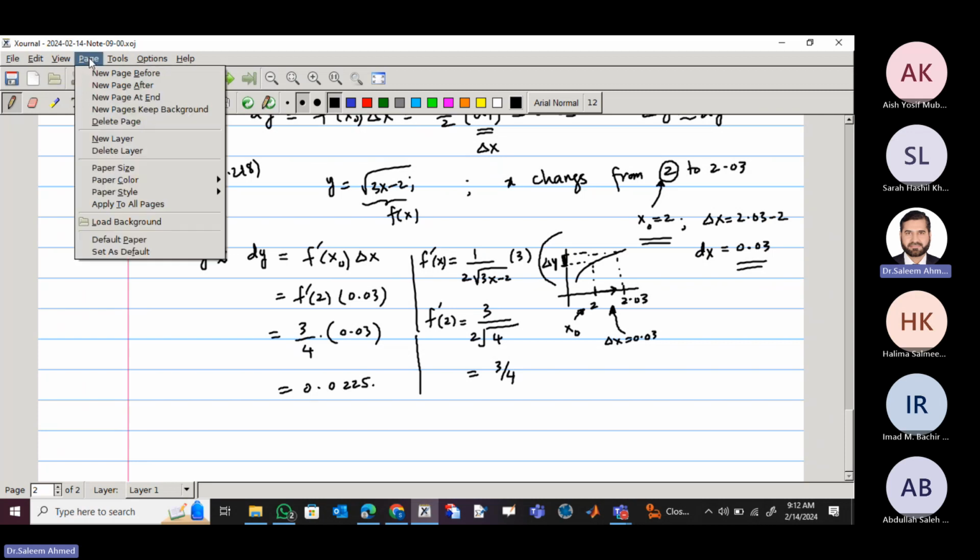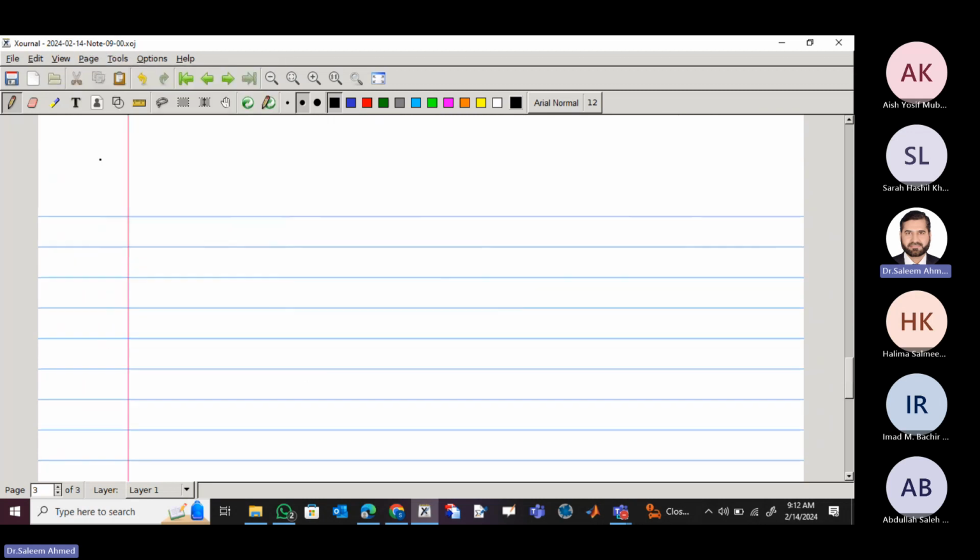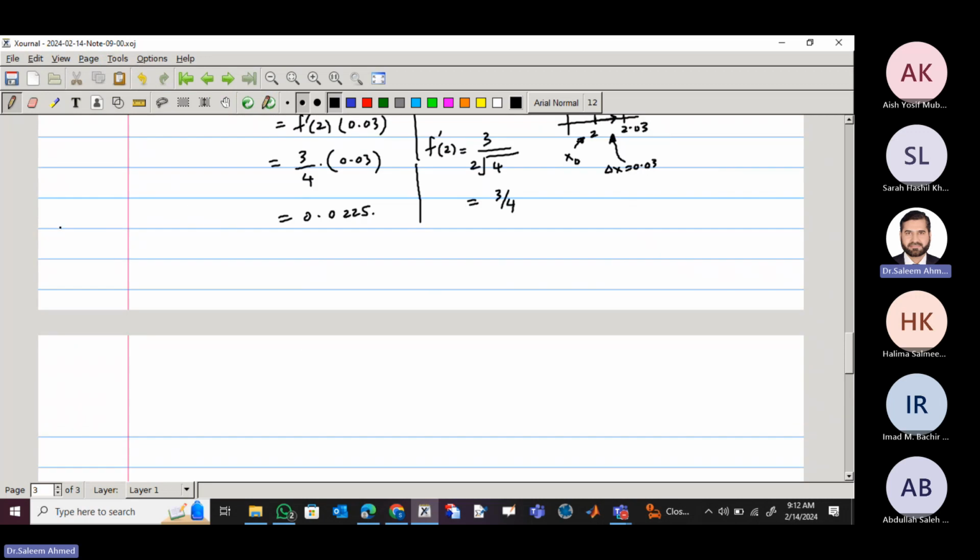Okay, this is delta y, but we are not calculating the actual change. Actual change will be different. He said use differentials to approximate the change. If you want the actual change, which is not part of the question, but I'm just telling you, the actual change is the function value at 2.03 minus the function value at 2, because x changes from 2 to 2.03.